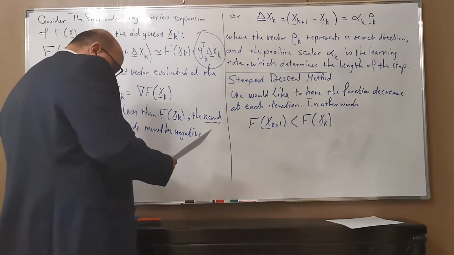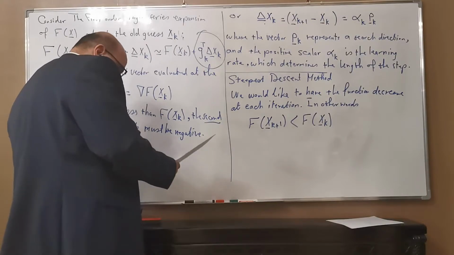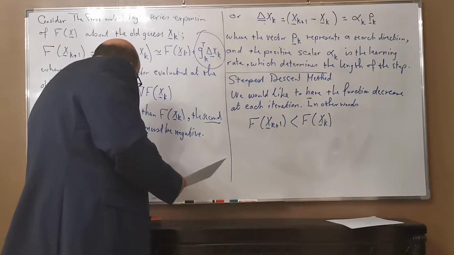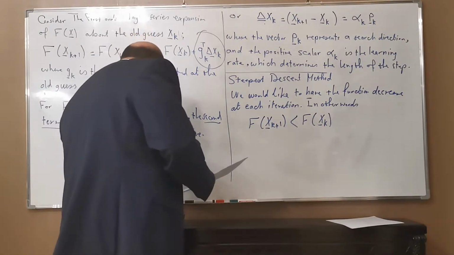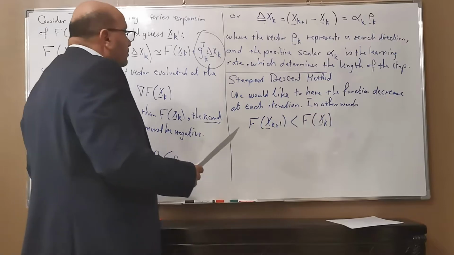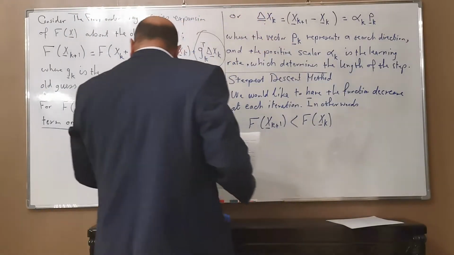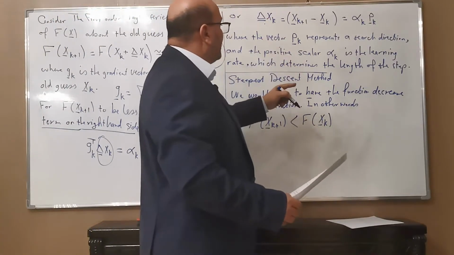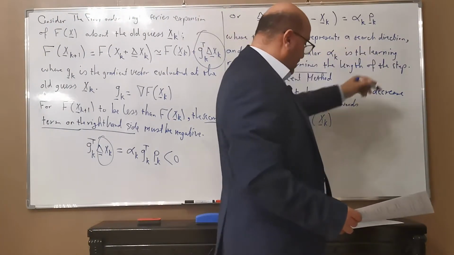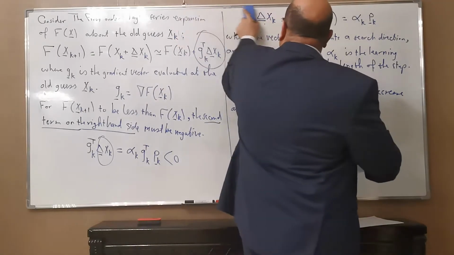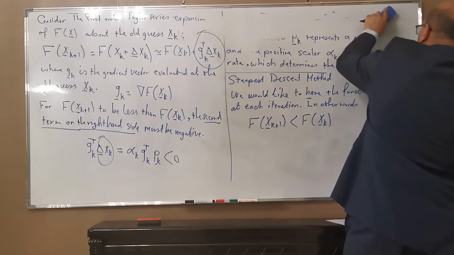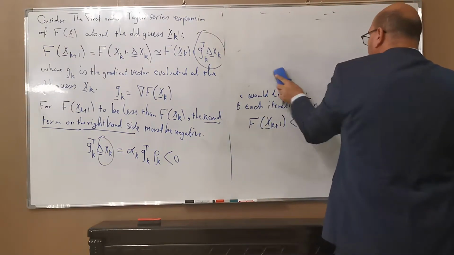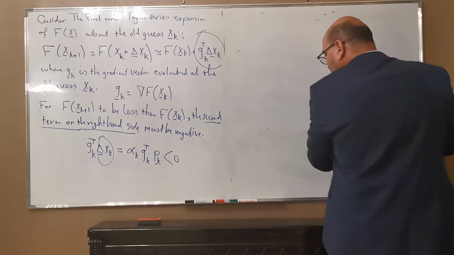So this is equals to alpha k gk transpose pk less than 0. Okay. We got this delta from this one. Here P represents search direction. So what is the best search vector P that will give us the steepest descent method?